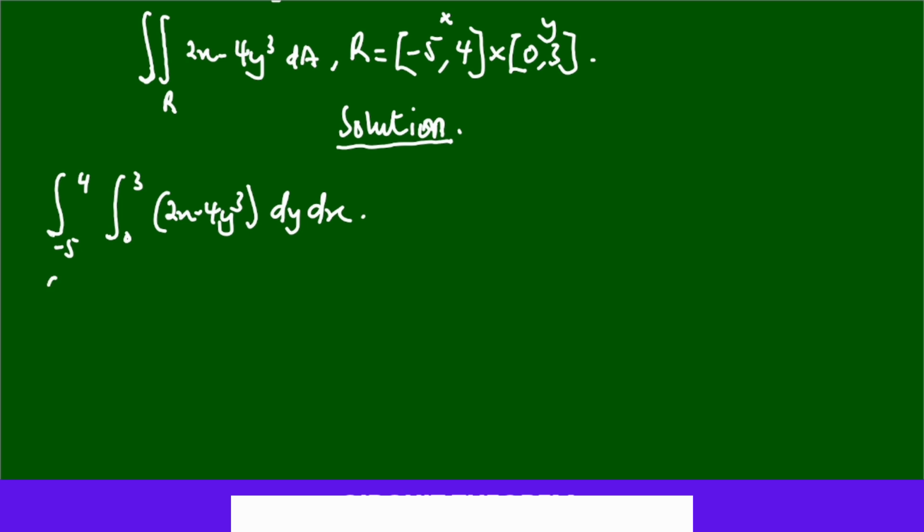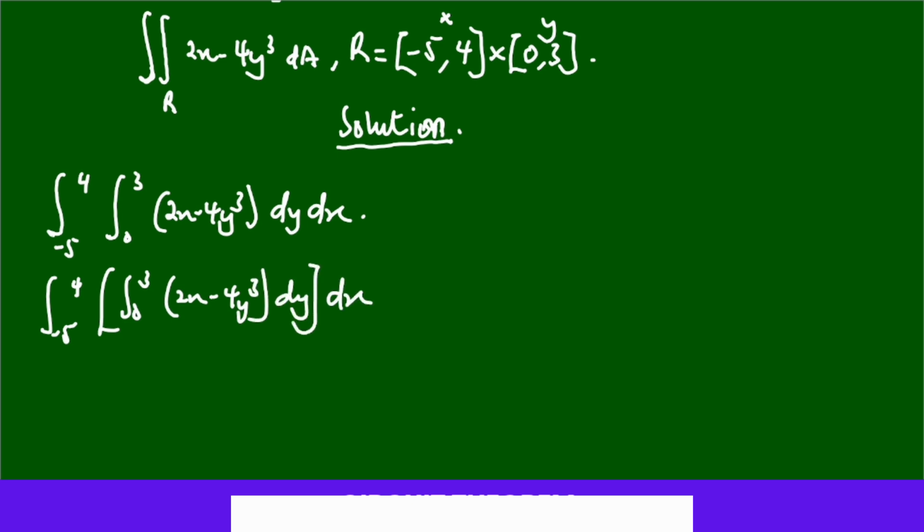Okay, so now my integral of negative 5 to 4, multiplying integral of 0 to 3 of 2x minus 4y cubed, all that dy, equals, in that dx. So integral of negative 5 to 4. When I compute this with respect to y, 2xy minus y exponent 4, with the given interval, all that dx.